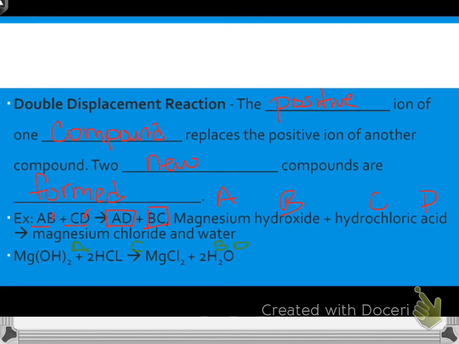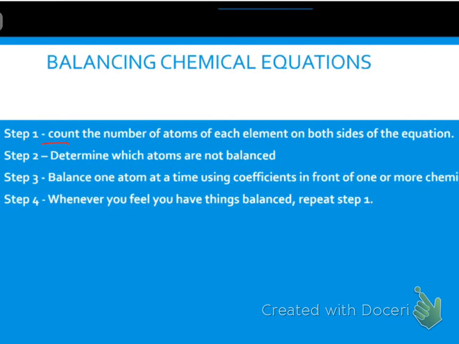So it gave us magnesium chloride and water. You can see what switched. The chloride switched with the hydroxide, made us magnesium chloride. Alright, so those are your 4 examples.